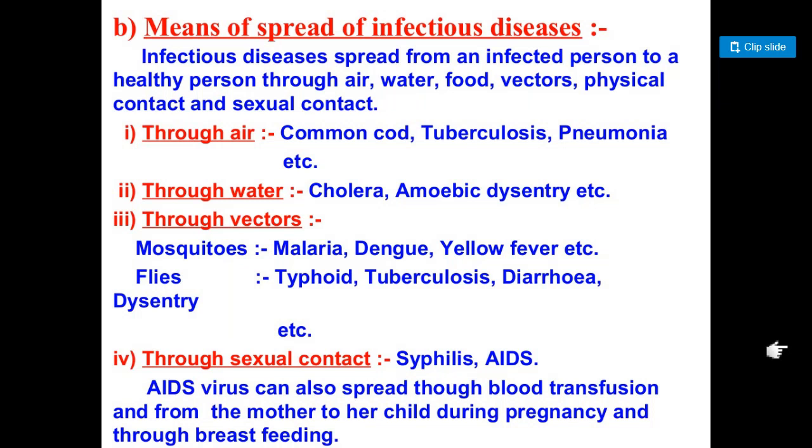An important point to be noted while we talk about AIDS is that there are various means through which this virus can be spread. It could be blood transfusion, from the mother to the child during pregnancy, and also when the mother breastfeeds the child.